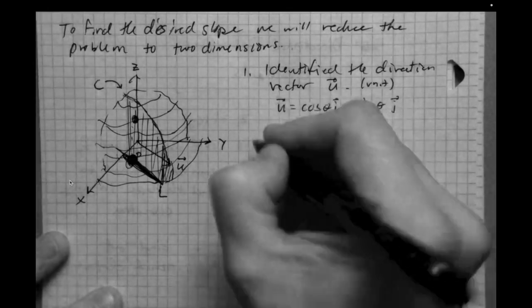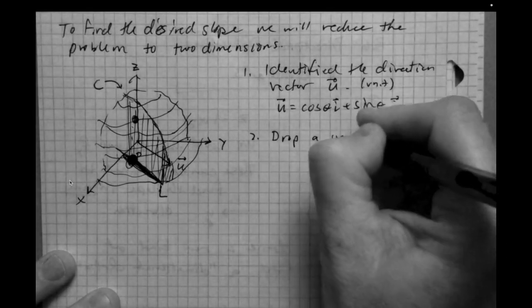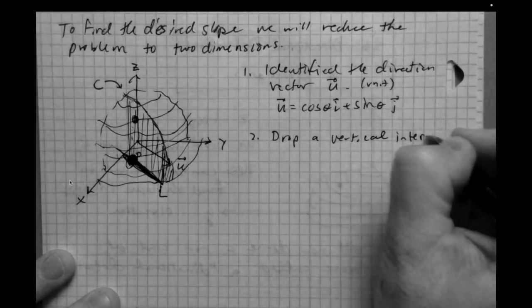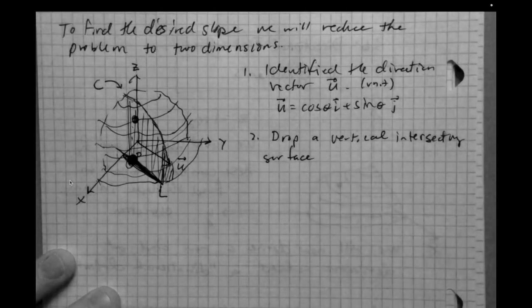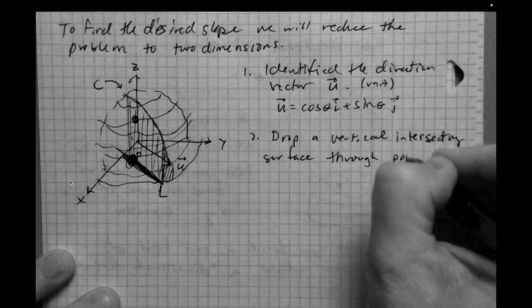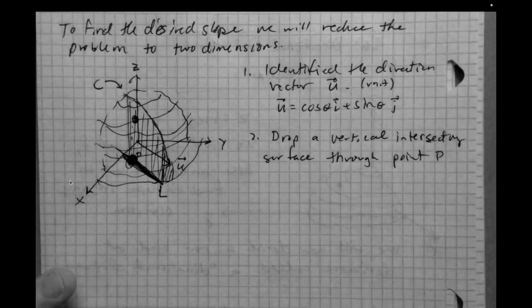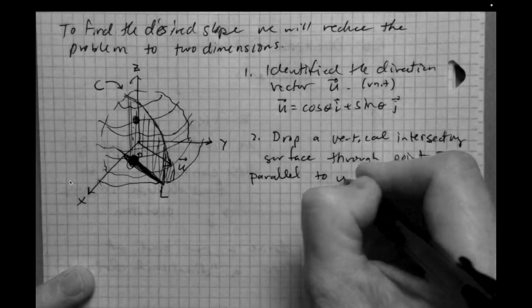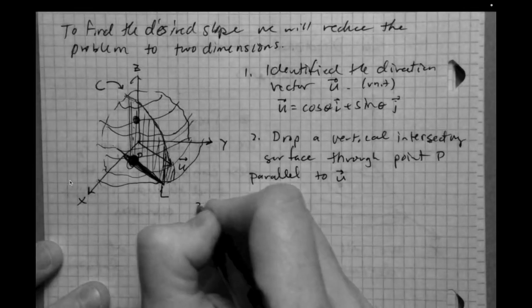Second thing is we dropped a vertical intersecting surface through the point P parallel to u. All right, u is the direction vector. And what happens when we do that?